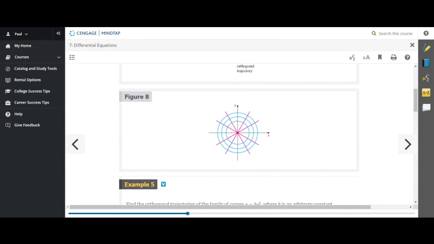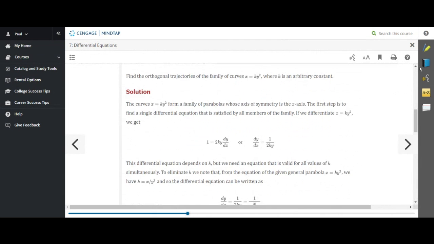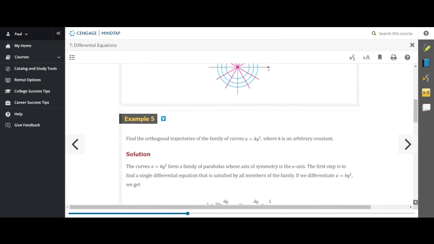So these two families of curves, circles centered at the origin in figure 8, and the lines through the origin, are orthogonal families. Okay, so this concept is important. So let's look at example 5. Are there any questions so far? Okay, then let's look at example 5 here.